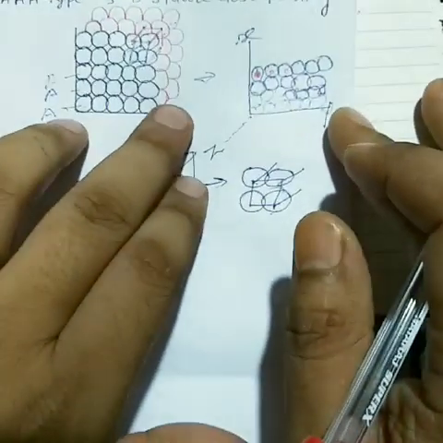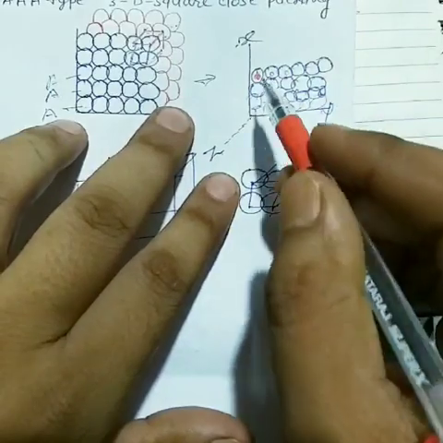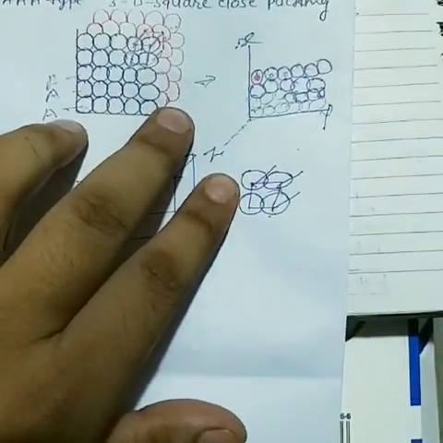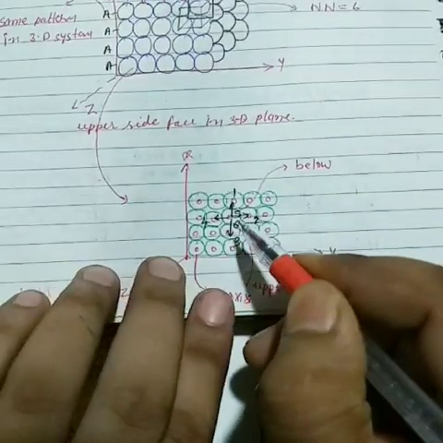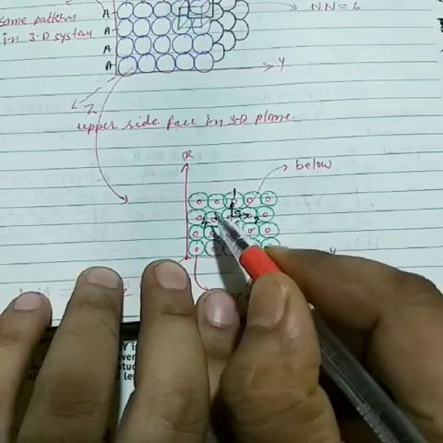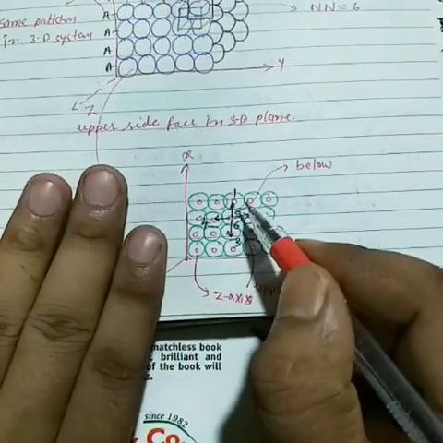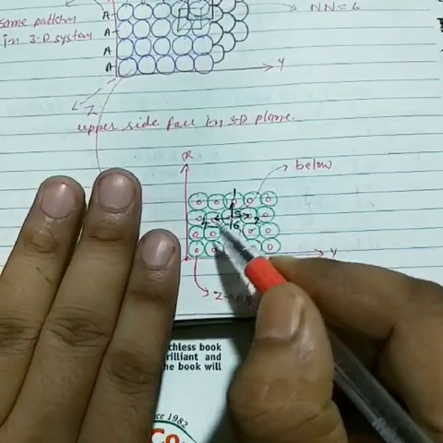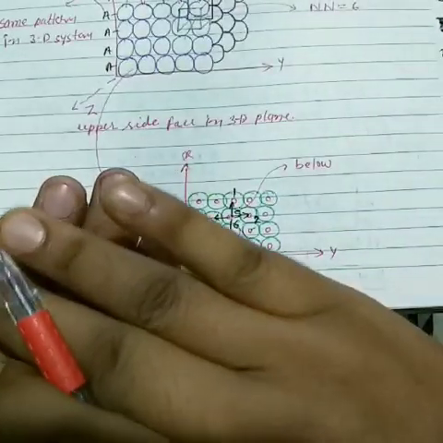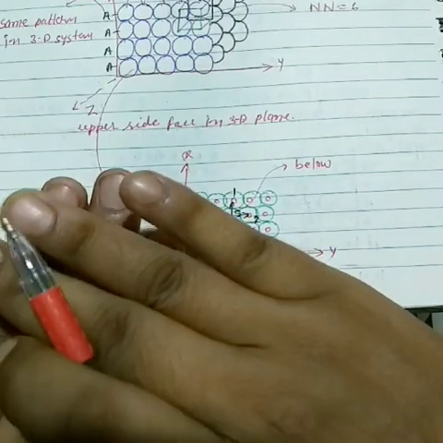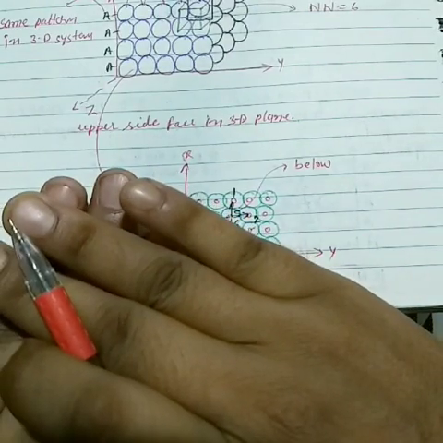So here it is very important, students. Now see here, now we can extend it. See, students, the green balls have the first row, and red is just above.